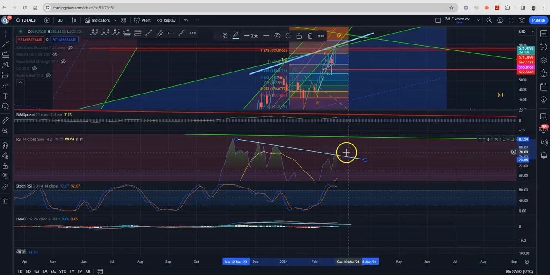Now it remains to be seen if the RSI will continue to decline, but right now that is bearish divergence, right where we wanted to see it.